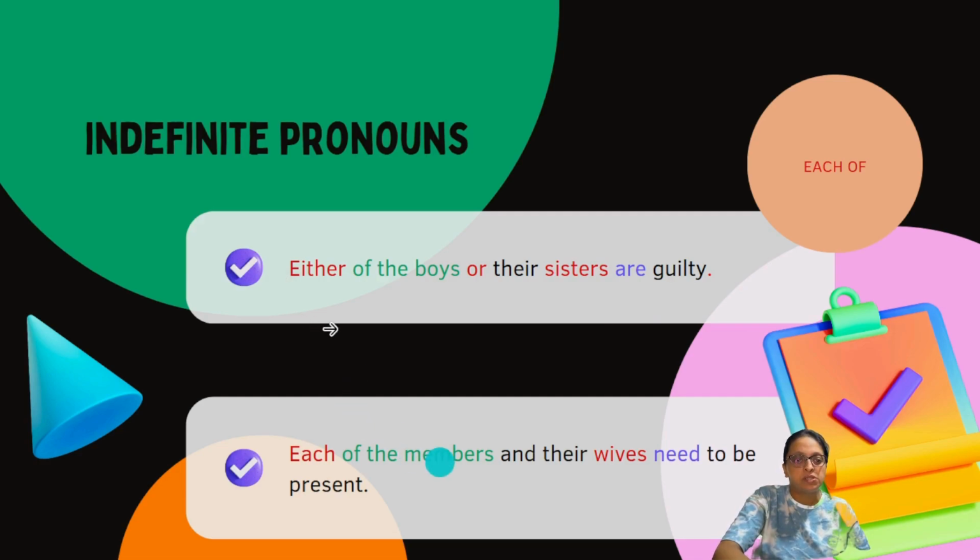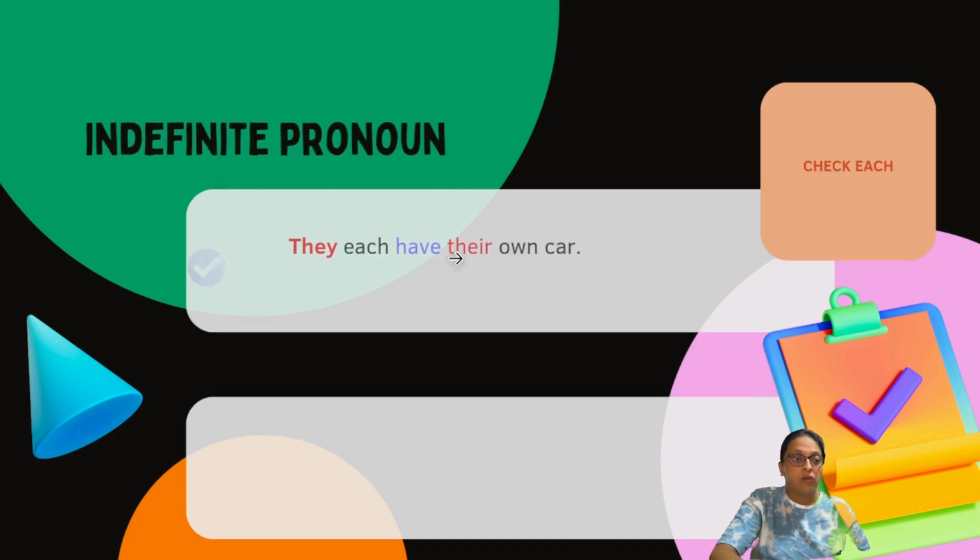"Each of the members needs to be present." Just because we have added conjunctions and plural subjects, we have changed the verbs to plural. Okay? Now let's move on.